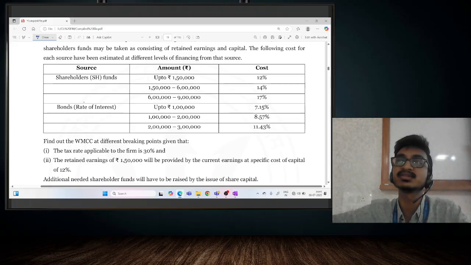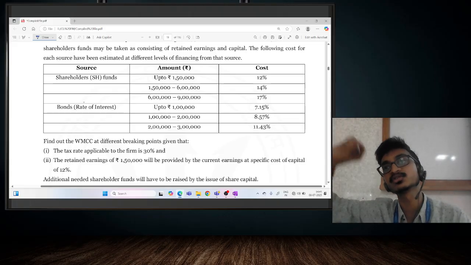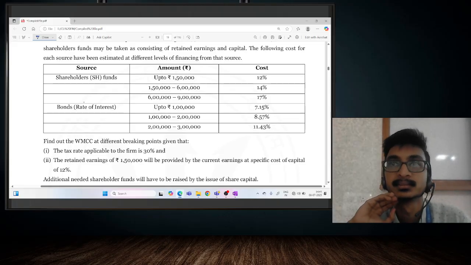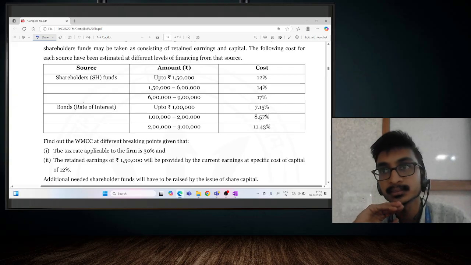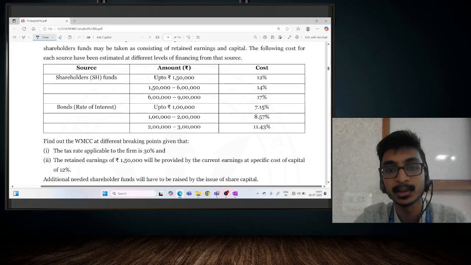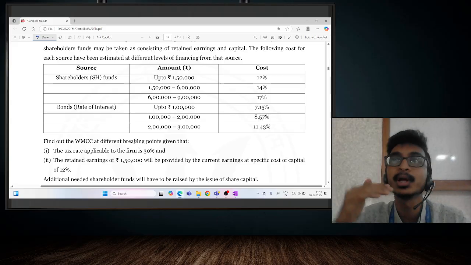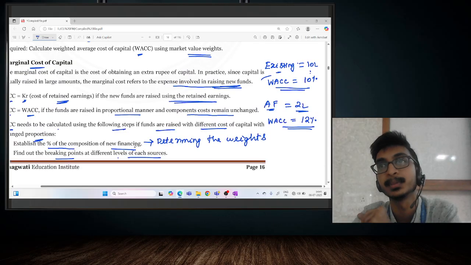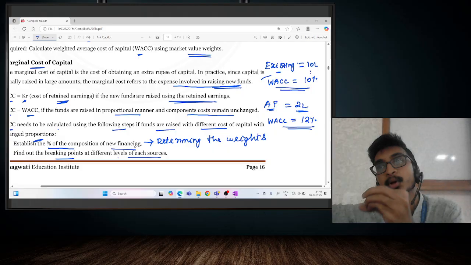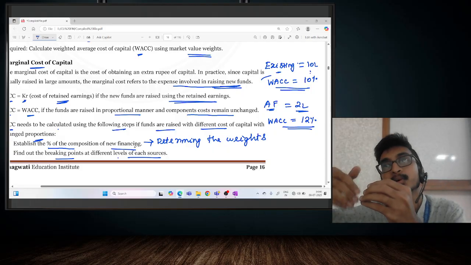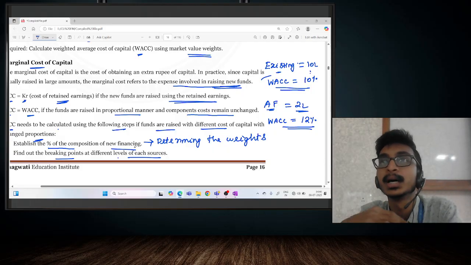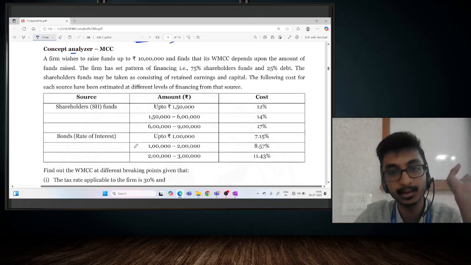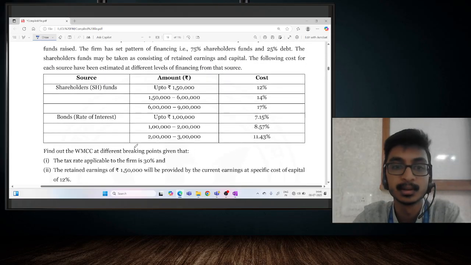So as the amount is increasing, the cost component will start increasing. The total capital is 12 lakh, no? You are going beyond a certain point of debt. Already this 10 lakh has some amount of debt. Beyond that, you are asking more and more debt from your lenders. So you will understand it in the concept analyzer.